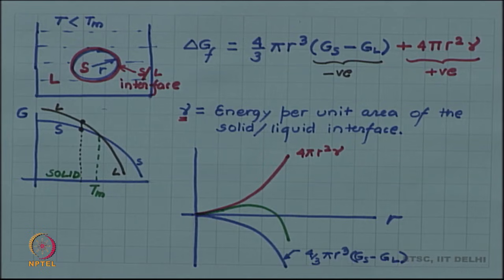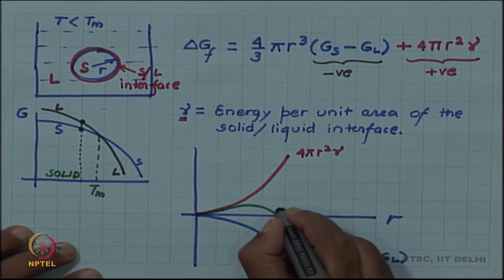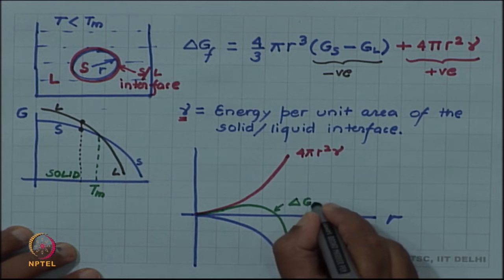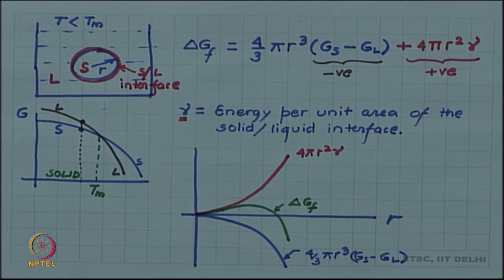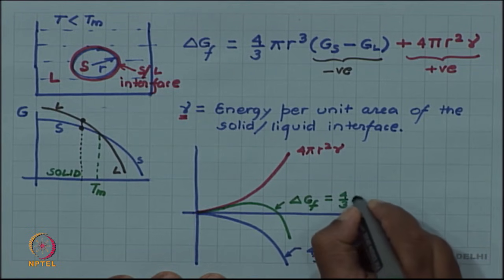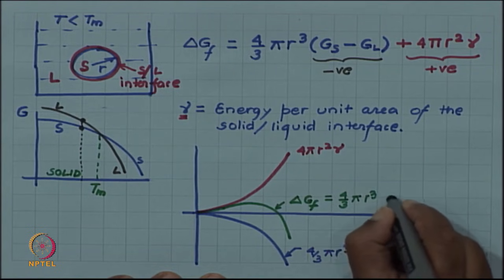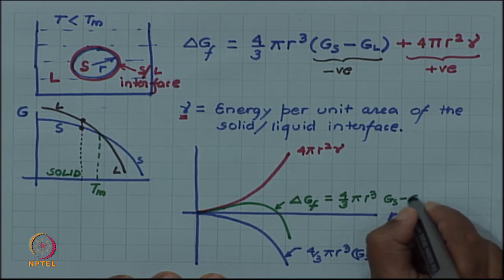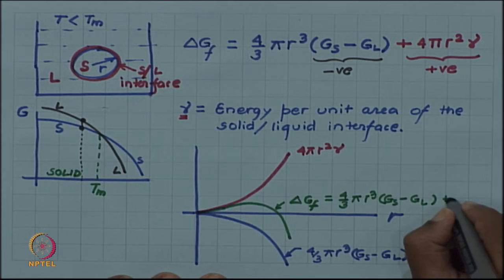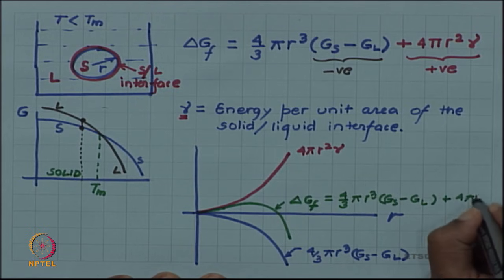So, this is total delta Gf, 4 by 3 pi r cube Gs minus Gl plus 4 pi r square gamma.